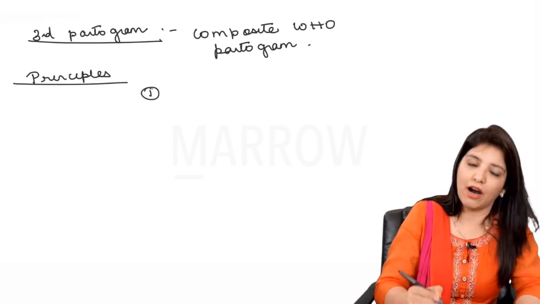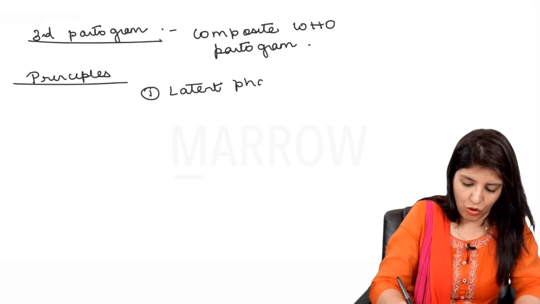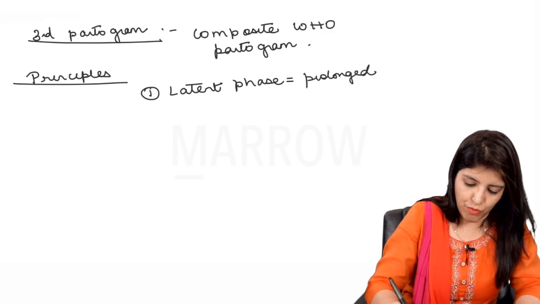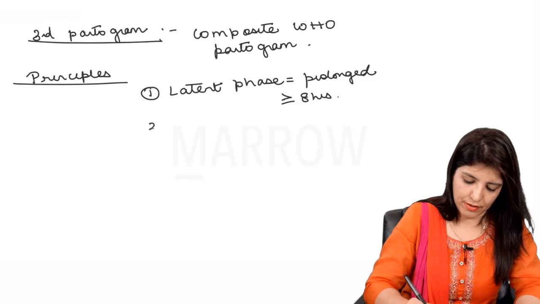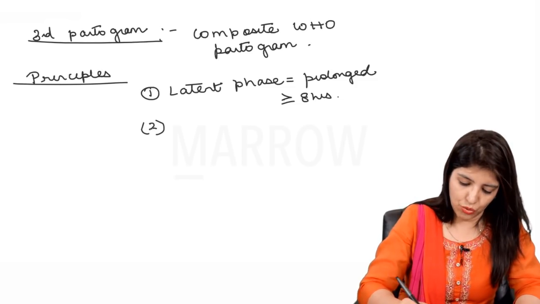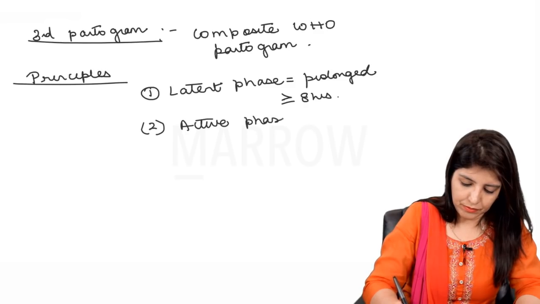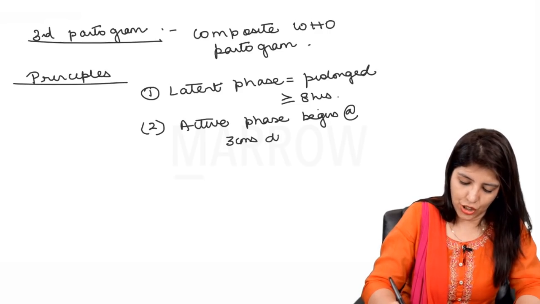The principles are, number 1, latent phase is said to be prolonged if it is more than or equal to 8 hours. Number 2, active phase begins at 3 centimeters dilatation.